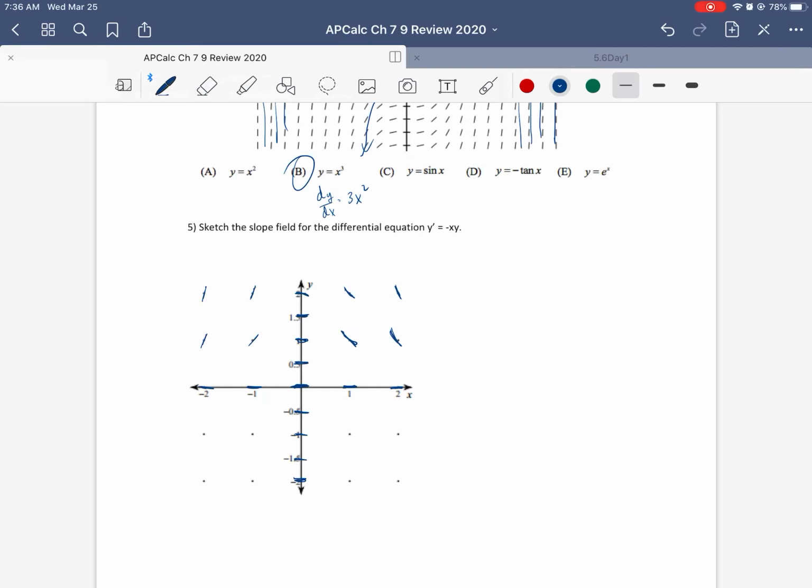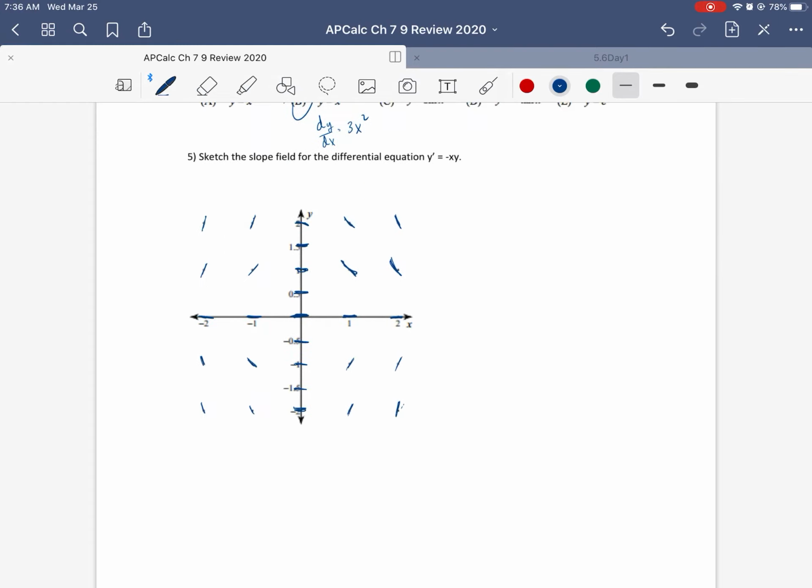We have a negative already, so 3 negatives are going to remain negative. So 1, 1 would be negative 1. 2, 1 would be negative 2. Negative 1, negative 2 would be negative 2, and 4 would be negative 4. Now my y is negative, but again I have a negative in the original, so I have 2 negatives, or a positive. 1, 2, 2, 4.